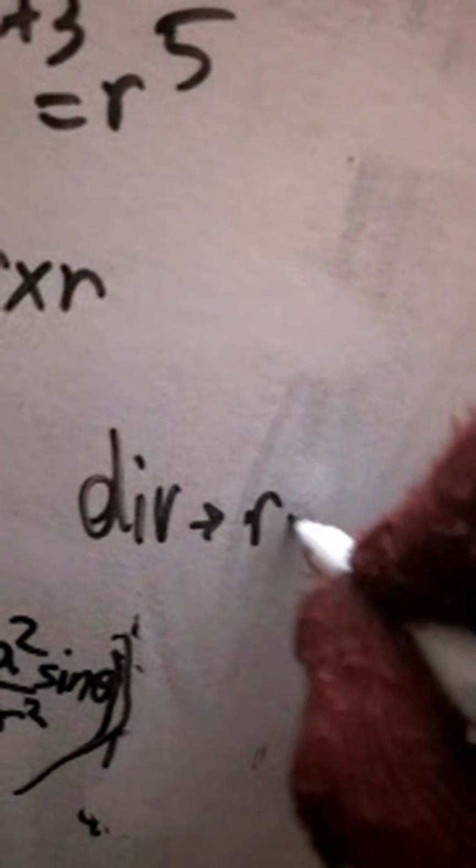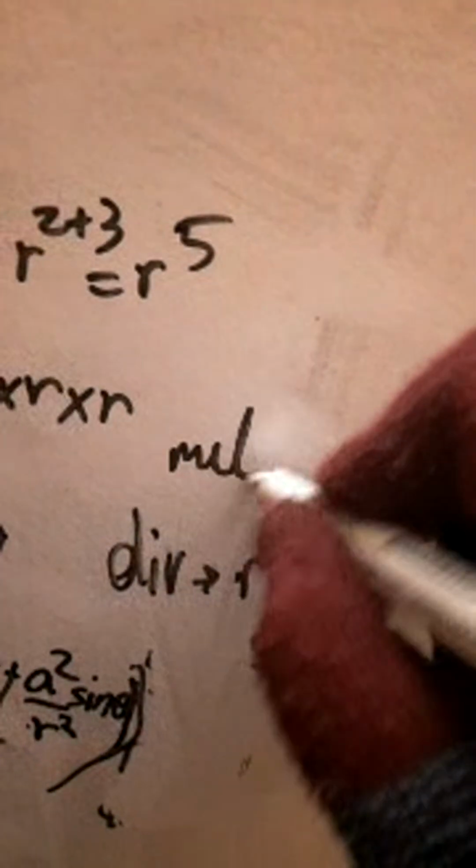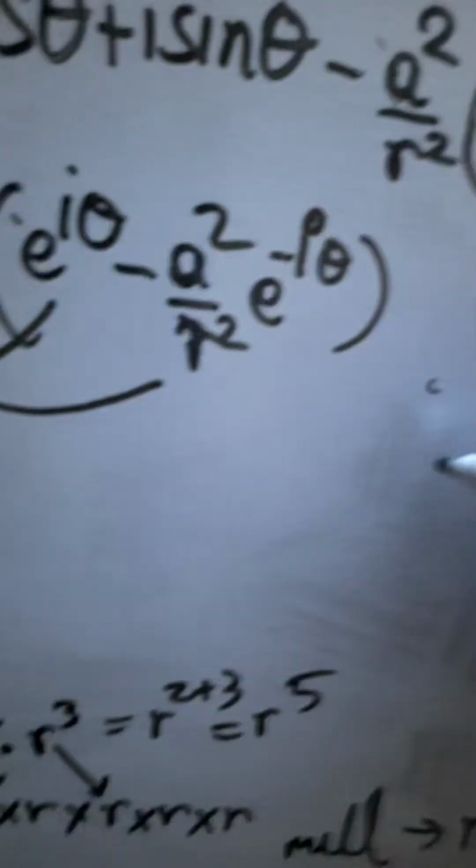The same thing goes for division, because division is repeated subtraction, and multiplication is repeated addition. You have to always remember that. Integration is finding the area under the curve, and derivative is rate of change, okay?